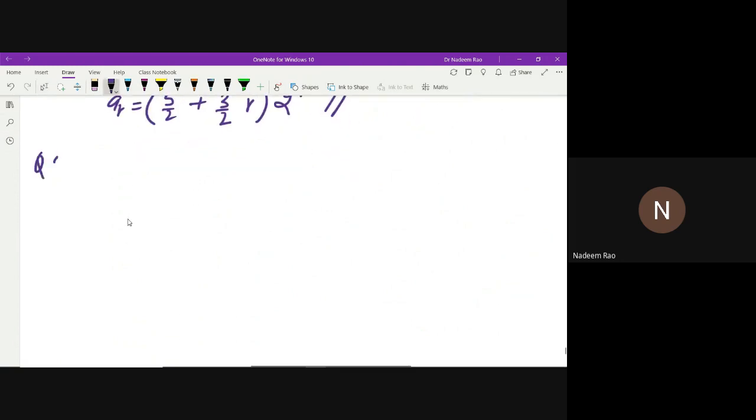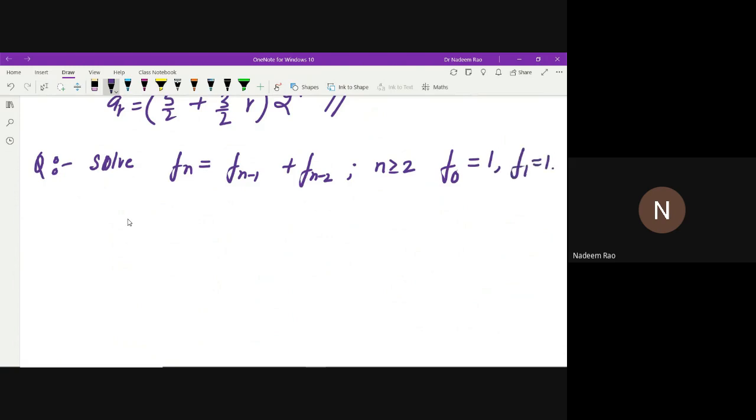Next question is, solve f_n equals to f_(n-1) plus f_(n-2), n is greater than or equal to 2, with the initial conditions f_0 equals to 1 and f_1 equals to 1. Okay, now solution.